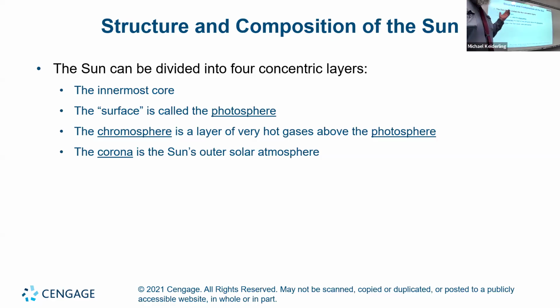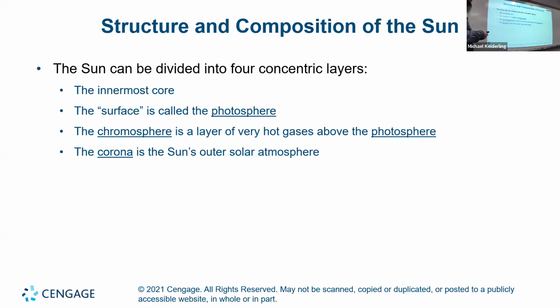We're not going to talk about those much in this class, but basically the core, which is about the innermost 25%, is where the actual fusion occurs. In the radiative zone, energy is transmitted via radiation, light, and then in the convection zone, it's transmitted via convection currents, flowing currents of hot gas.